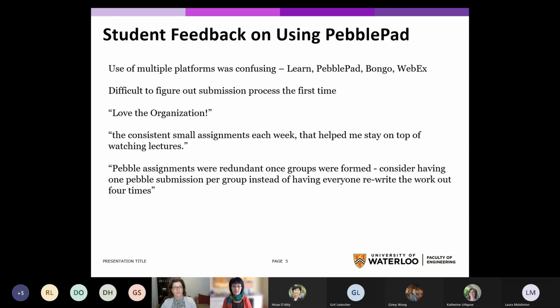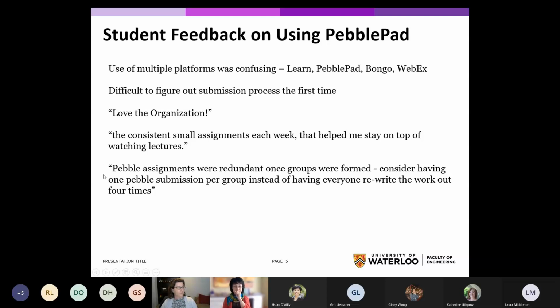It's obvious where they're filling in, answering questions or connecting with the work. Another comment was about the small, consistent assignments each week that help me stay on top of watching lectures. I thought that was great. This is exactly what I wanted PebblePad to do. So they were able to engage with the content really well.